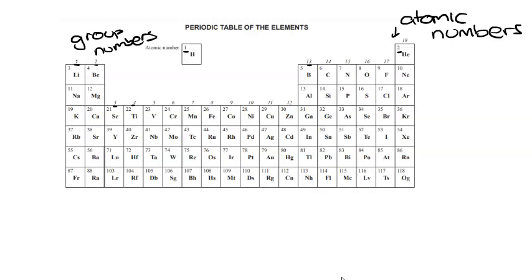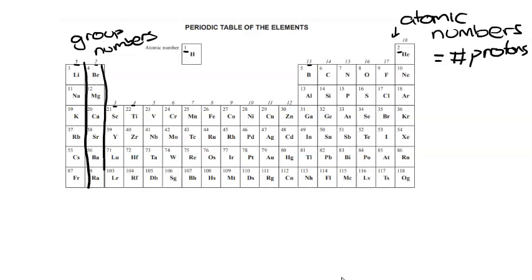So let's look at what these mean. The atomic number means the number of protons that an atom or an element has in its nucleus. We'll look at the atomic structure in a second and show what that means. And this group number is just showing that each column has its own number.